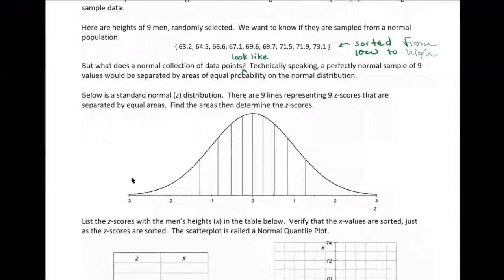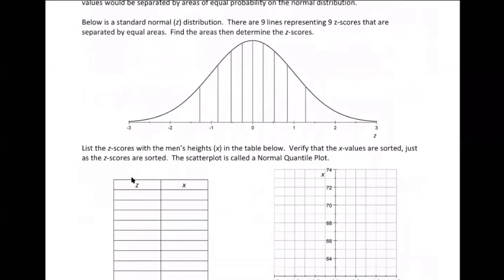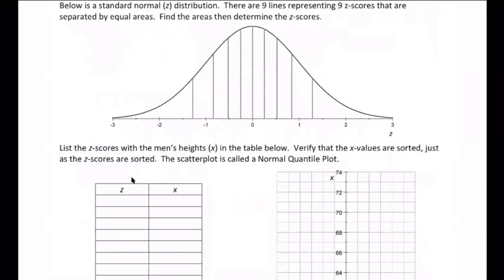Below is a standard normal Z distribution. There are 9 lines separating 9 Z-scores that are separated by equal areas. It says find the areas and then determine the Z-scores. Yikes.